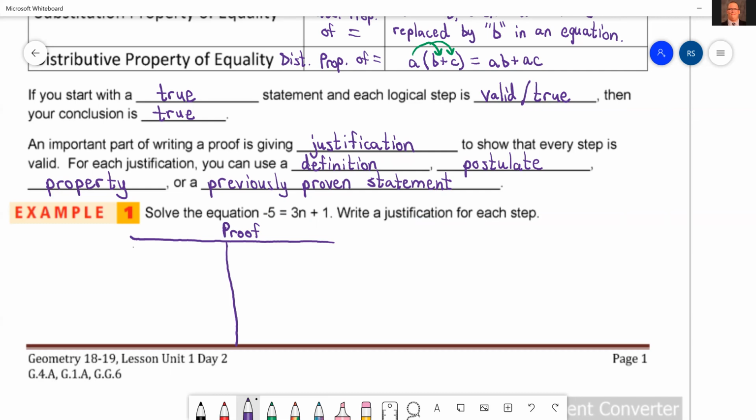So we're going to have -5 equals 3n plus 1. How did I know that equation is true? Every step I've got to know that it's true somehow. Because they gave it to us. They told us that -5 is equal to 3n plus 1. So if they give you an equation, we say that it's given.